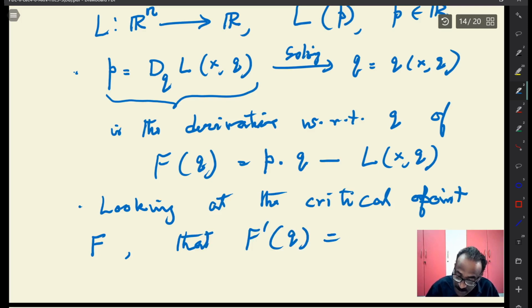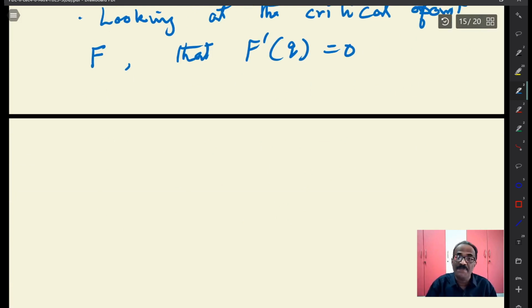That's your exact solvability. So naturally, when P is equal to dQ of L is the critical point of F, F is either maximizing or minimizing, and you can see that it is exactly maximizing. So this motivates us to define the definition.